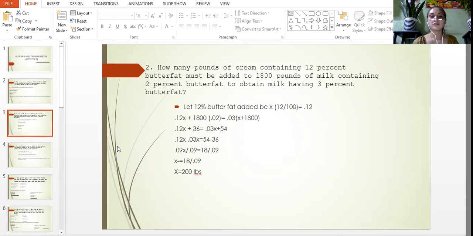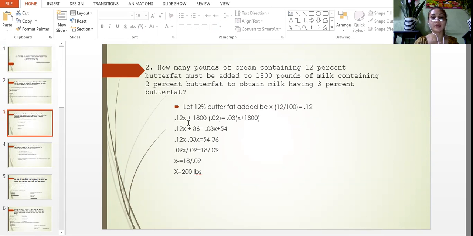How many pounds of cream containing 12% butterfat must be added to 1,800 pounds of milk containing 2% butterfat to obtain milk having 3% butterfat? So let the 12% butterfat added be x times the quantity of 12 over 100, equal to 0.12.